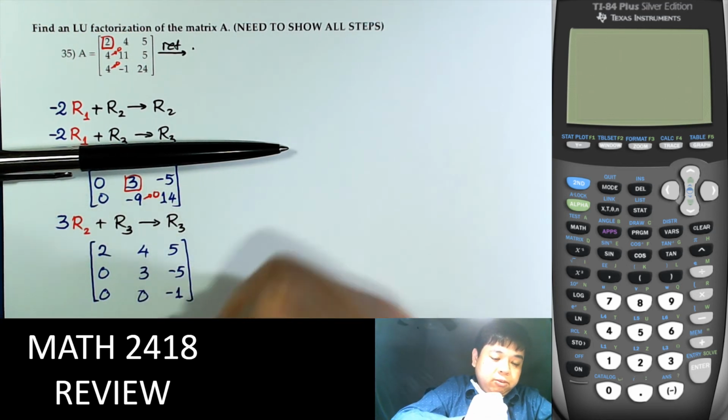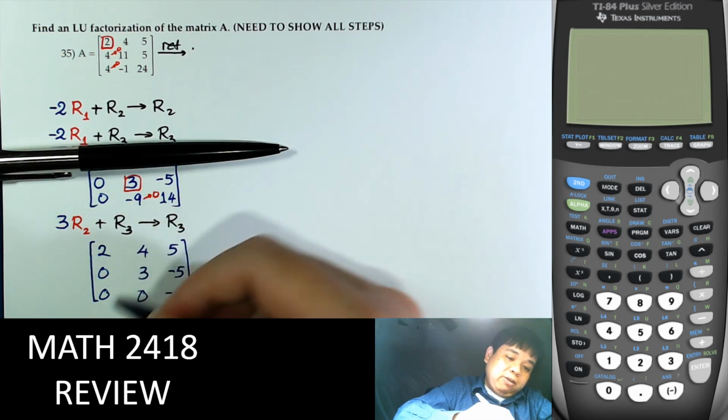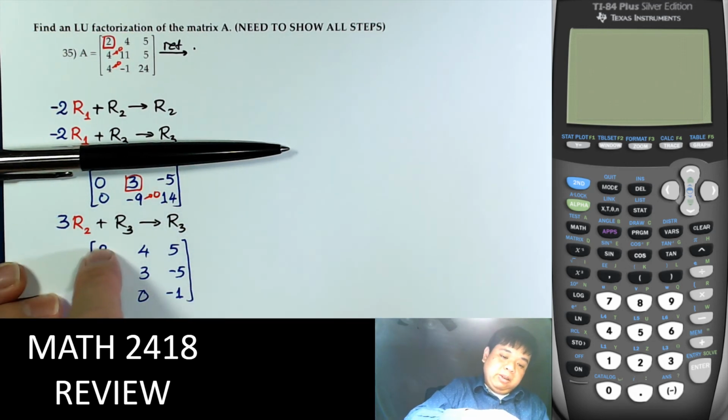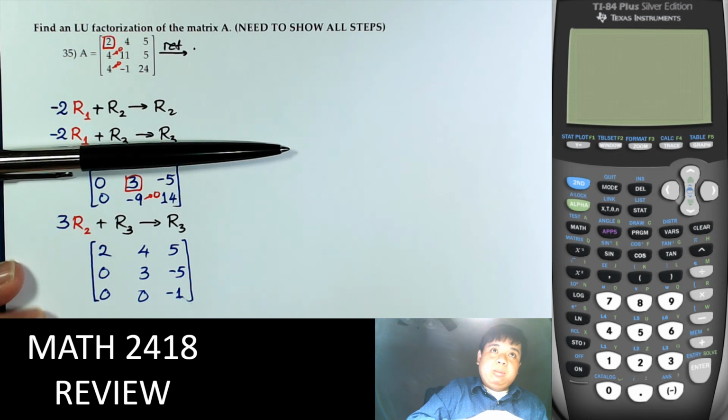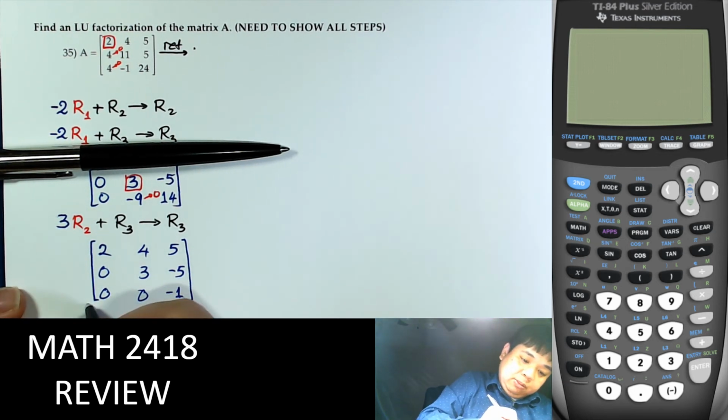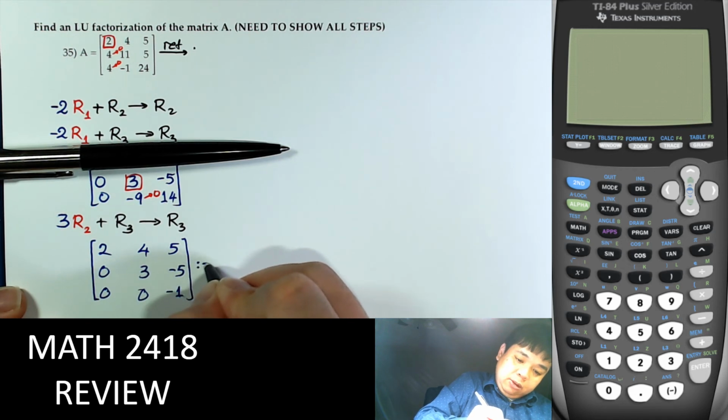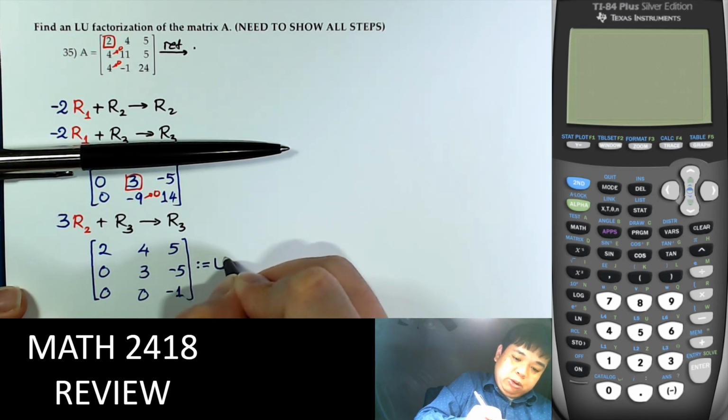So what we have here is the pivot, and below the pivot entry is 0. So that's good. So this is the matrix U.